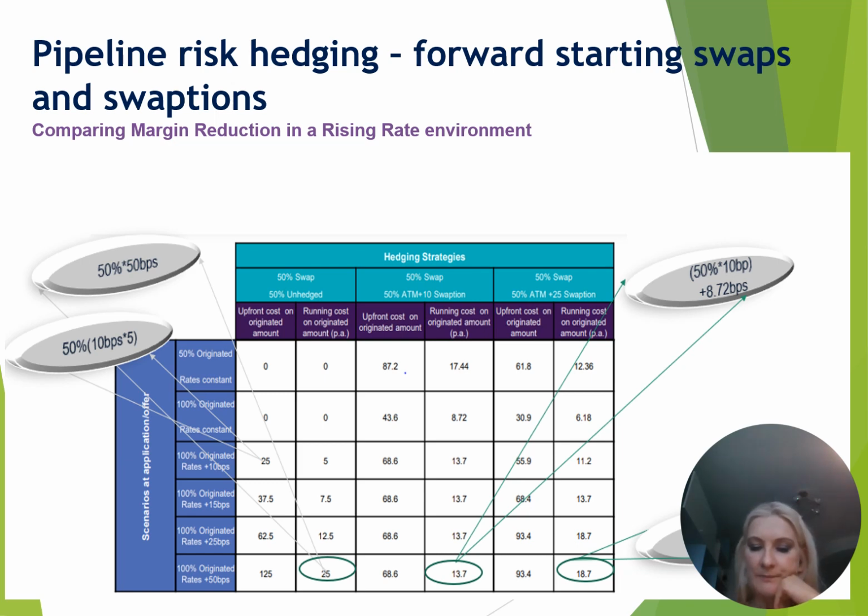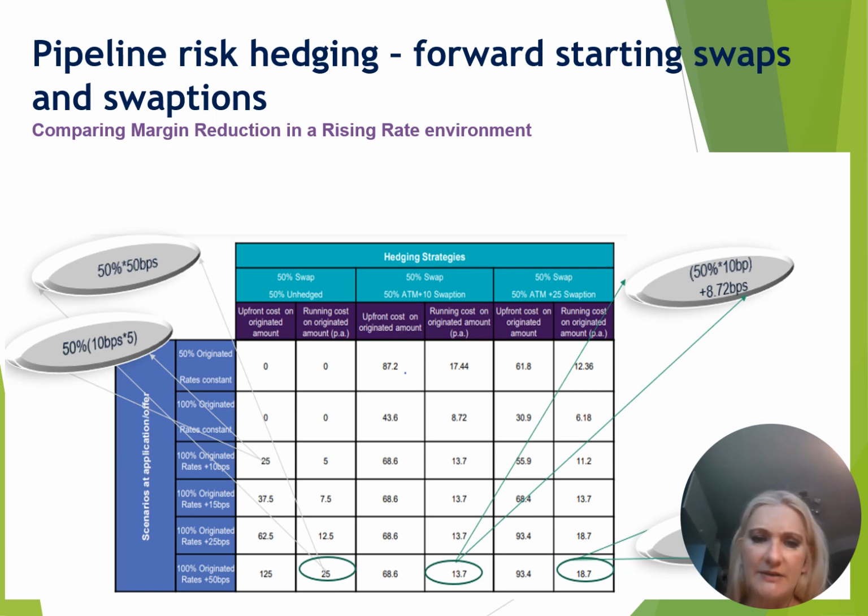And then we have similar thinking, because similar thoughts apply to the scenario when we have the next impact, apologies, my eyes are not very good, 25 basis points. So in this case, because we have the originated 100% plus the scenario is 25 basis points up.